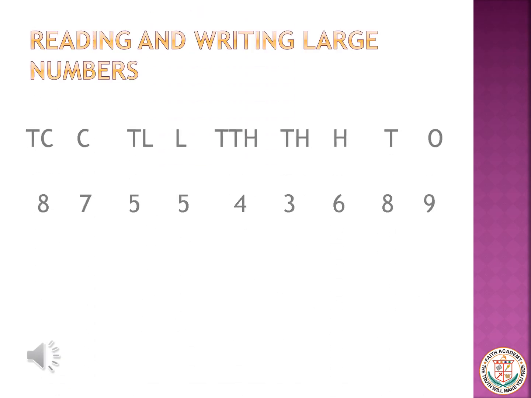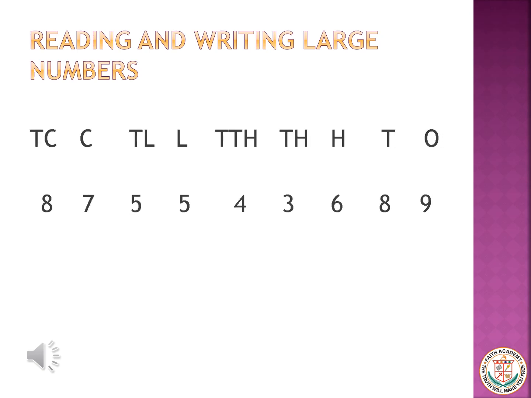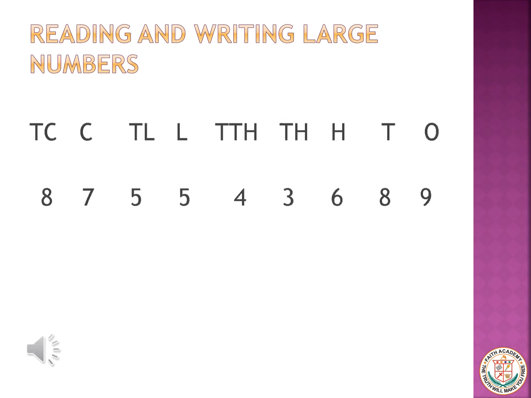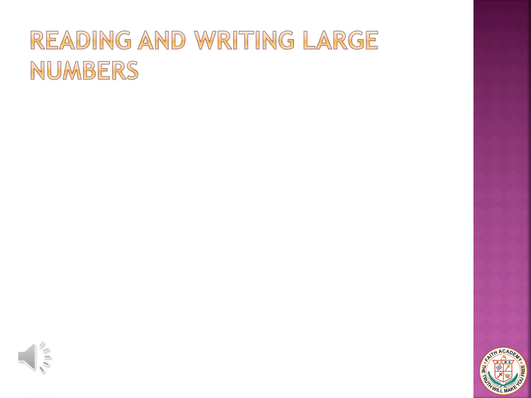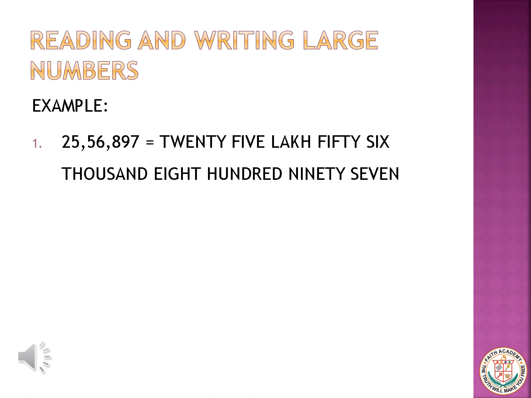Now once you have learned how to put the commas correctly, then you can easily read the numbers and write the number names properly. Now let us learn to properly name a number by correctly placing the commas. First example, 2556897. So the commas are put after 8 and 5 from the right.